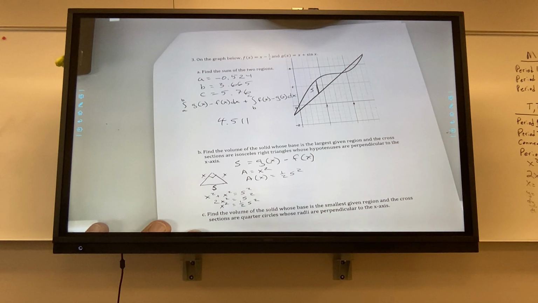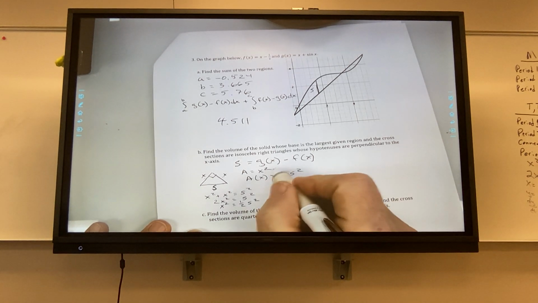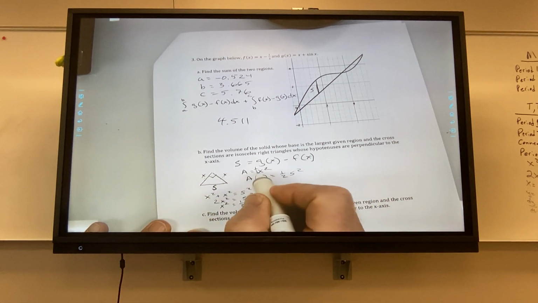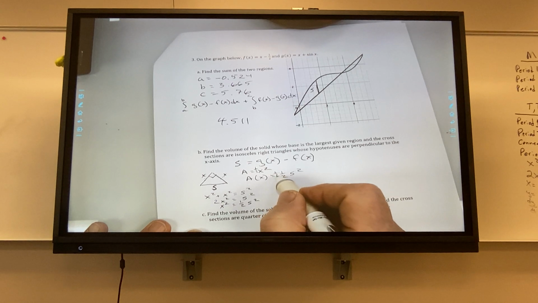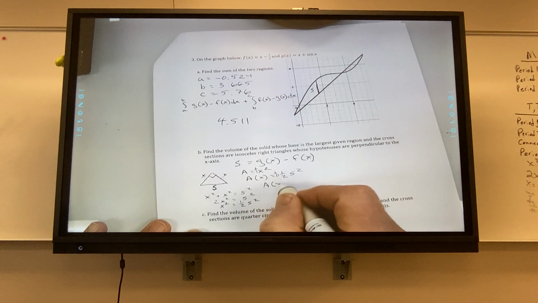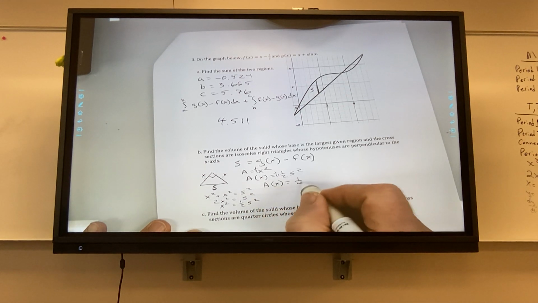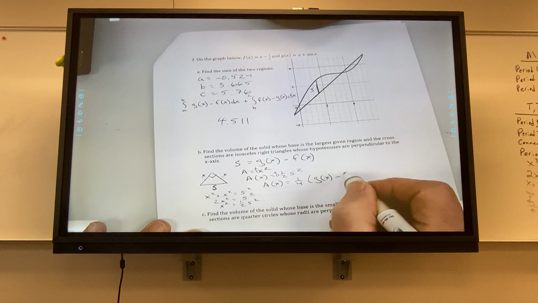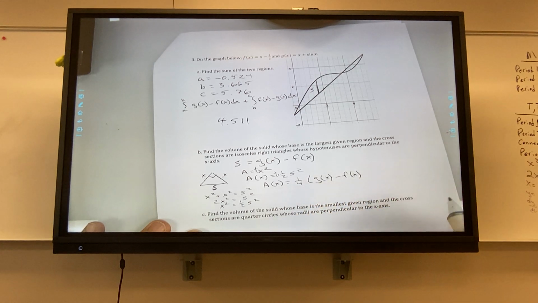Oh, I forgot something. Divided by 2. Right? Base times height divided by 2. So I gotta multiply that, divided by 2. Is everybody okay with that? So it's gonna be 1/4 of g of x minus f of x squared.